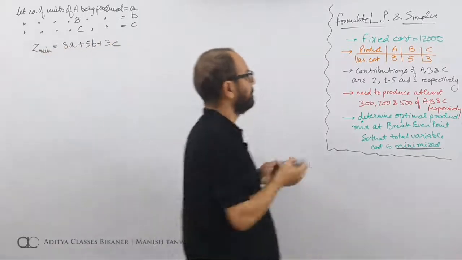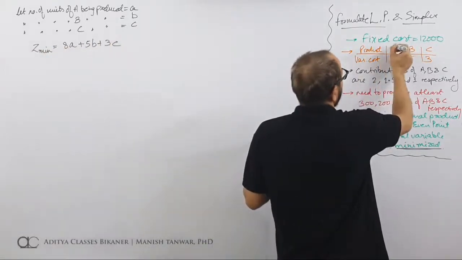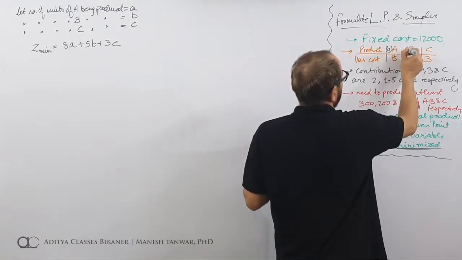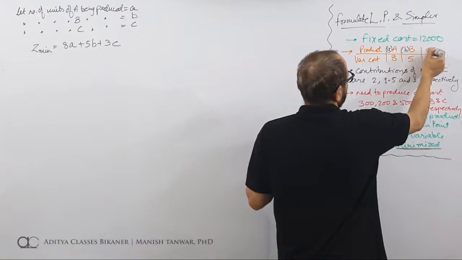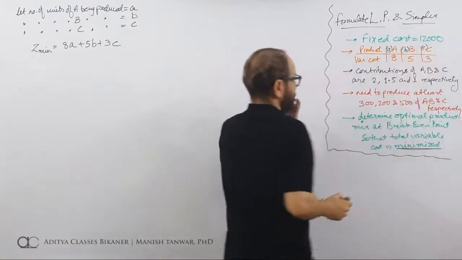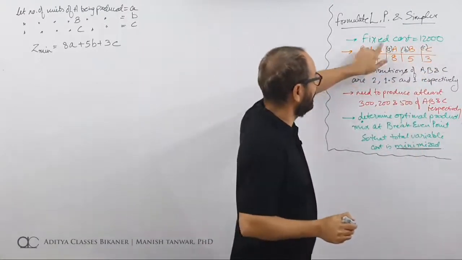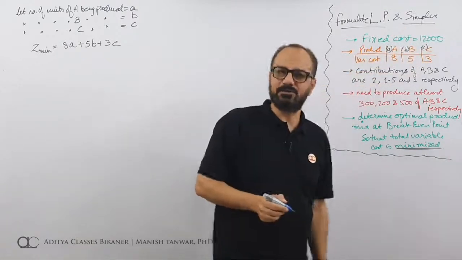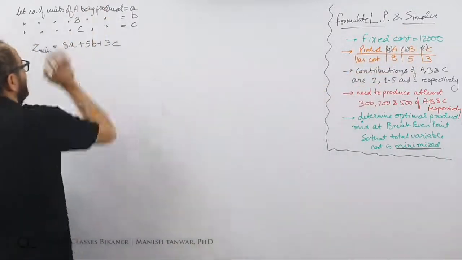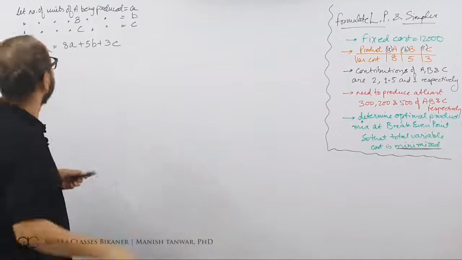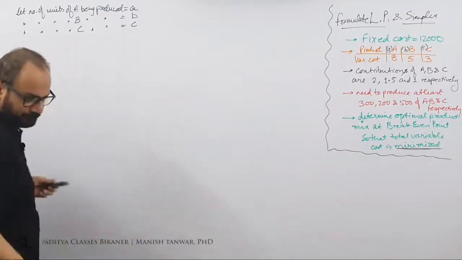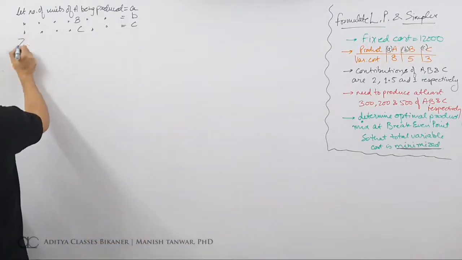I will be producing A units of A, B units of B and C units of C. So, my total variable cost will be 8 into A, 5 into B and 3 into C. This declaration I have made. We also need to make a declaration of what Z is.